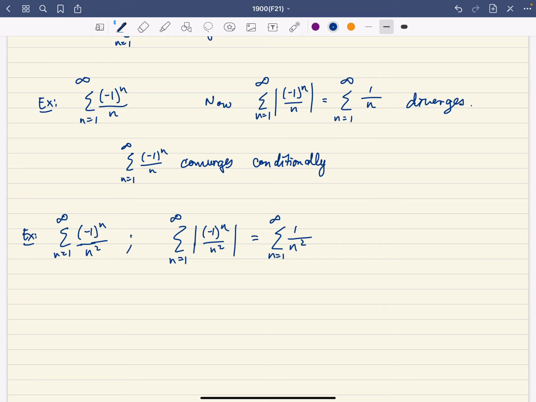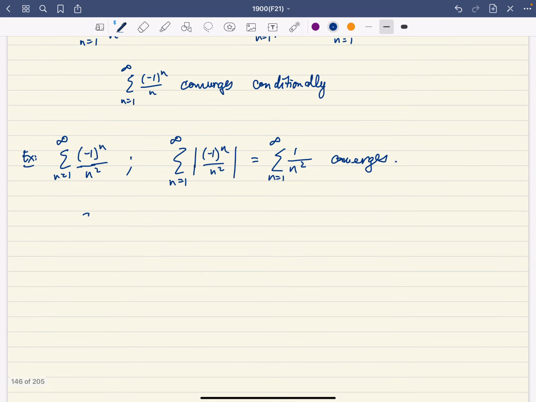It converges. And therefore, we call the original series, this alternating p series with p equals 2, absolutely convergent. We use the word absolutely because we're taking absolute values. So it converges in absolute values. That's the difference.